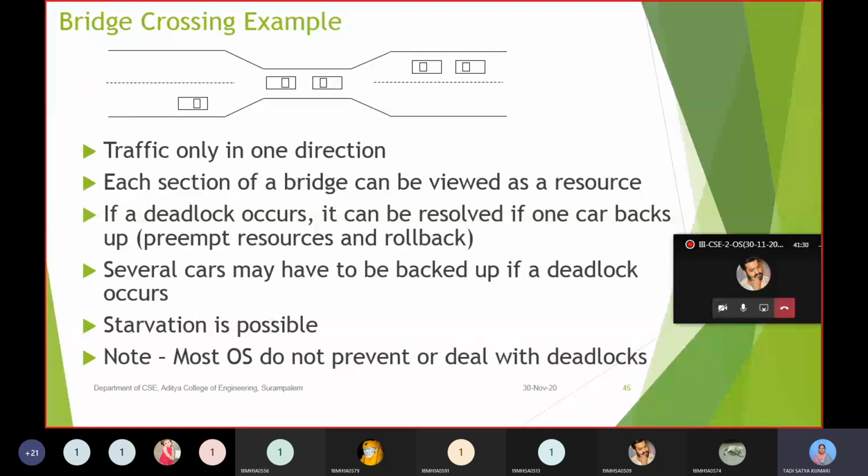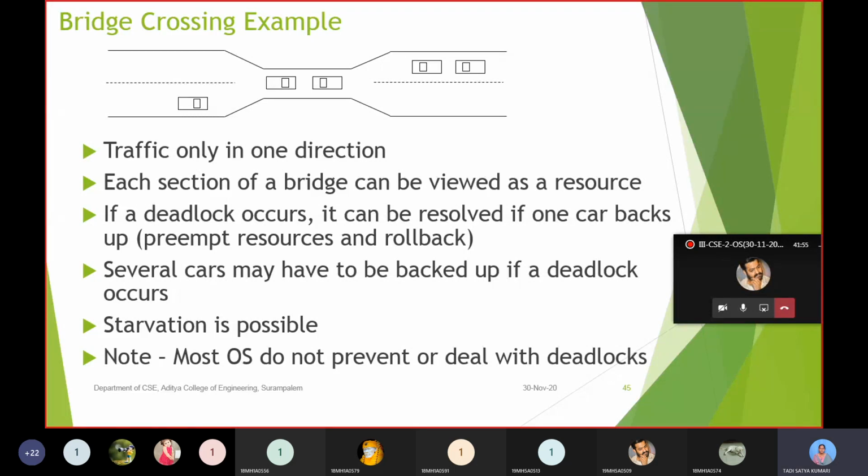Okay, so in most operating systems, the programmer who is going to design applications for the operating system has to do their own programming for preventing and dealing with deadlock, because the operating system is not providing any mechanisms to prevent or deal with deadlocks.